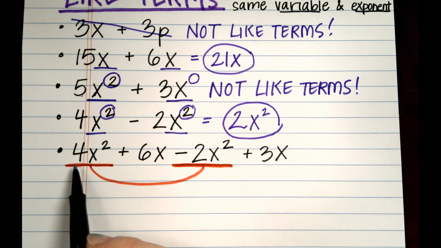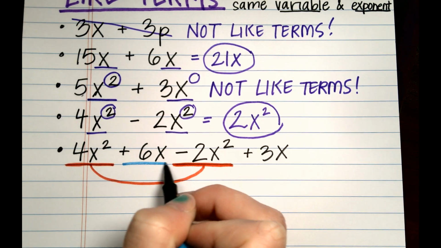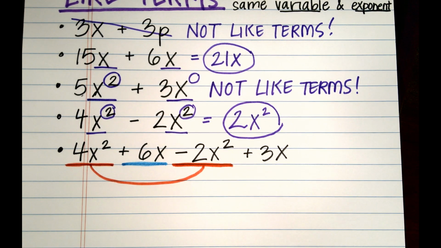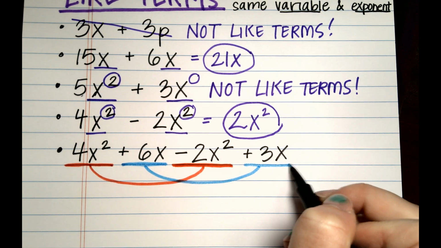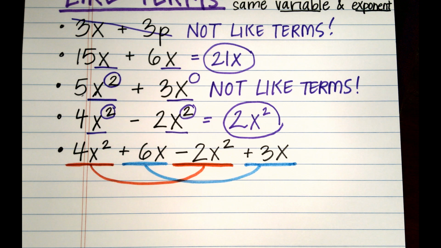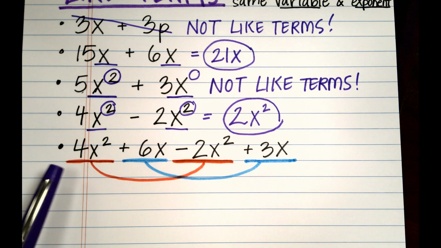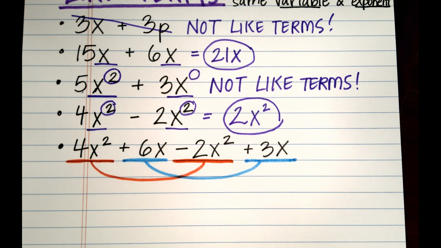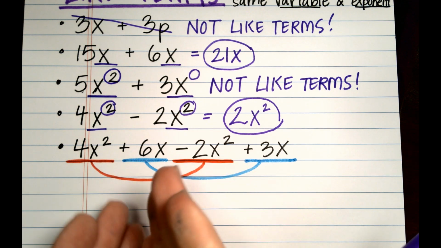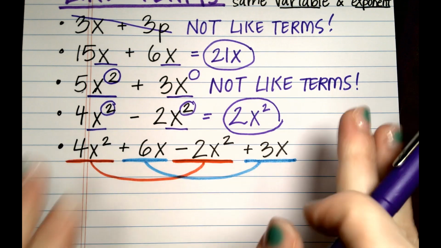And going to the next one, I have 6x and 3x. These are like terms. So now, what do you think we would do to simplify or put together the terms that are like versus not like? How would we go about it?